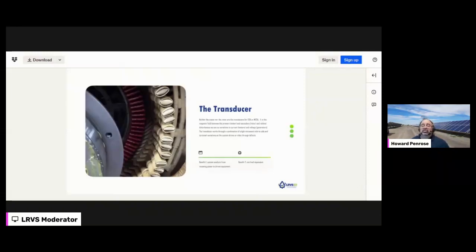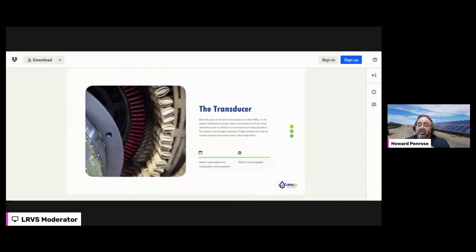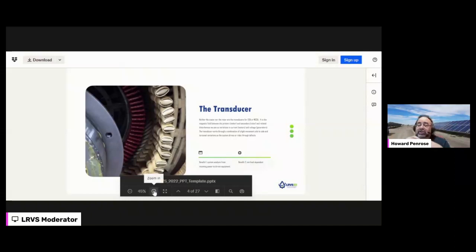The transducer that we're dealing with is the air gap of the machine. This gives us a couple of benefits. One is it allows us to look at the entire system at once versus just a single component, like just a bearing or just one other piece. It also is not load dependent, which is nice because of the way we do it.